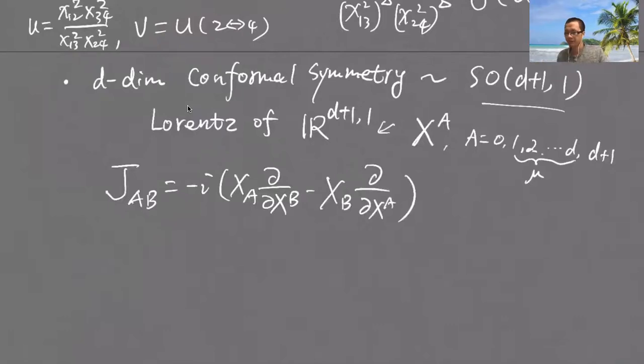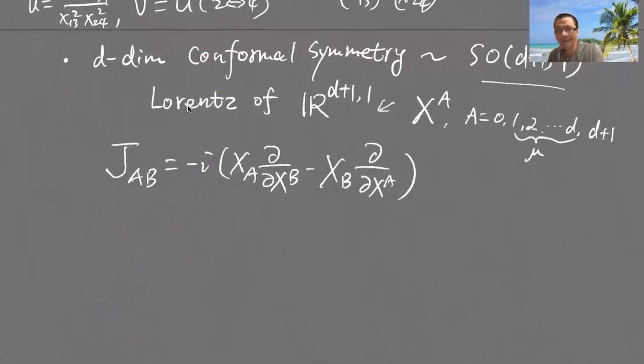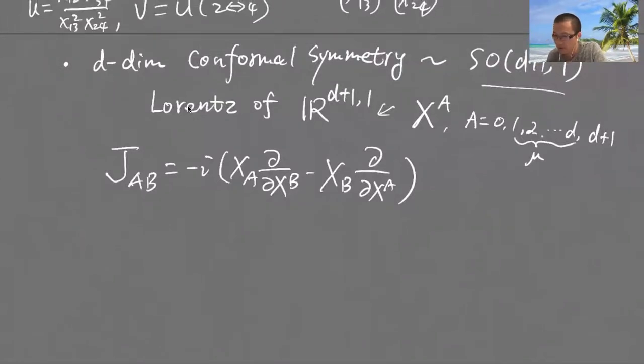And so this generator J can be identified with the conformal generators.